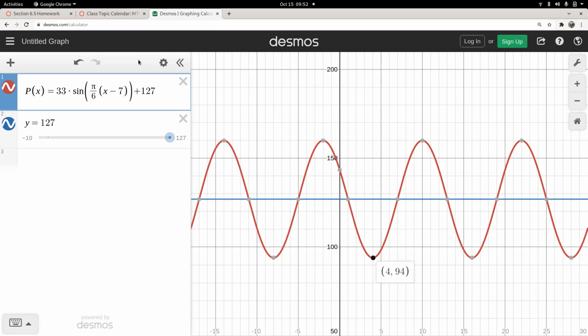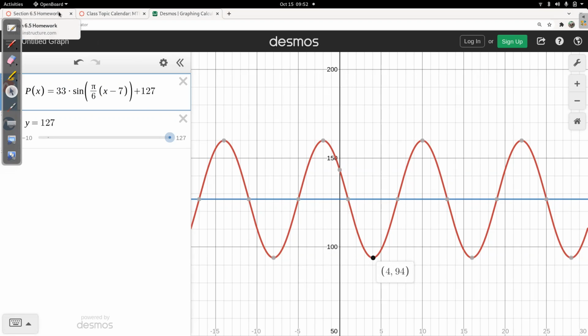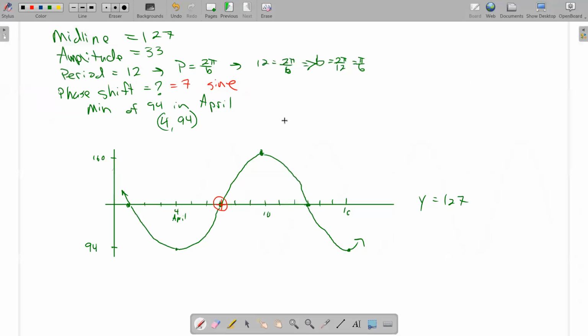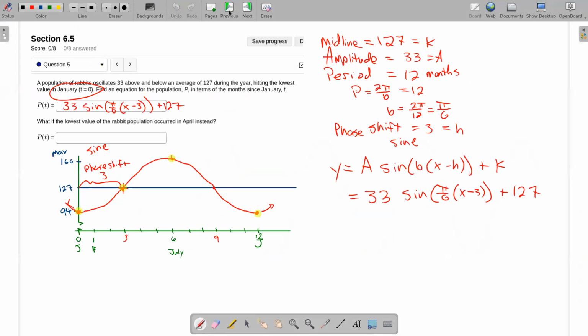Let's go back and look at the picture to confirm that. So this graph would be right if January was month 1. Yeah, let's look at the picture, double check that. So here they said January is t equals 0, and they didn't change that down here.